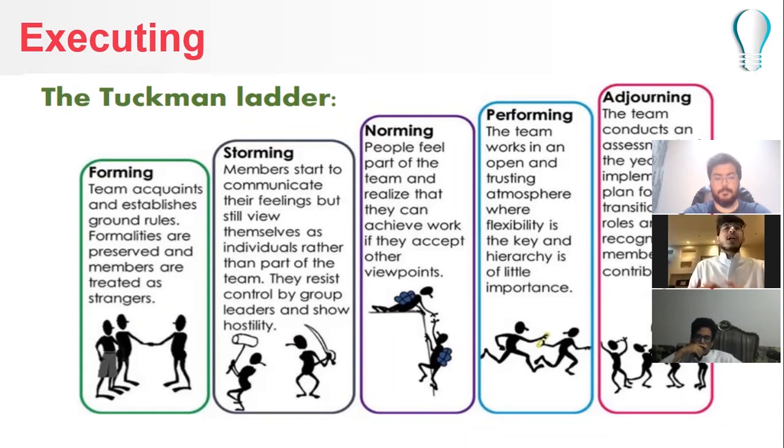Storming, members start to communicate with each other to discover the feelings about the different views. Norming, people feel part of the team and realize they can achieve work by accepting other viewpoints. Performing, the team works in an open and trusting atmosphere where flexibility is the key. As we see here, the blue team goes to performing.